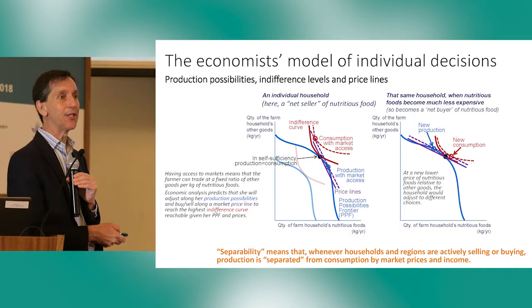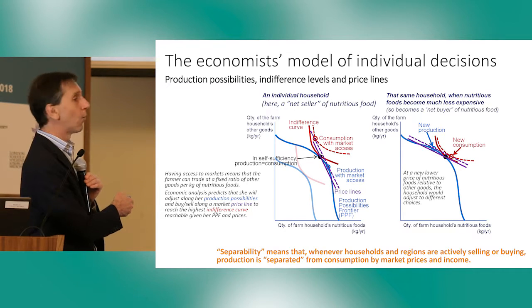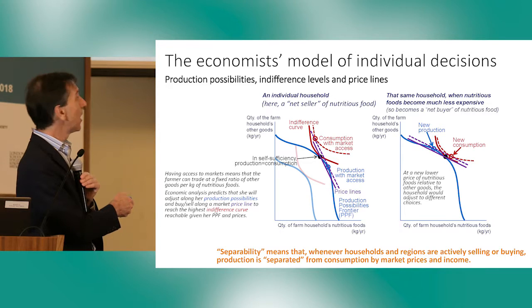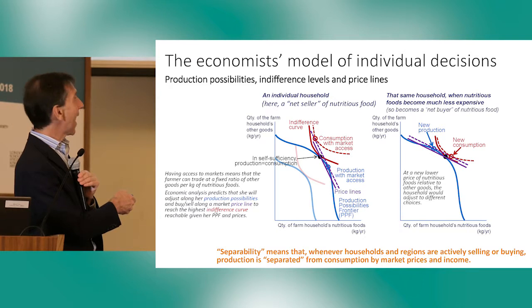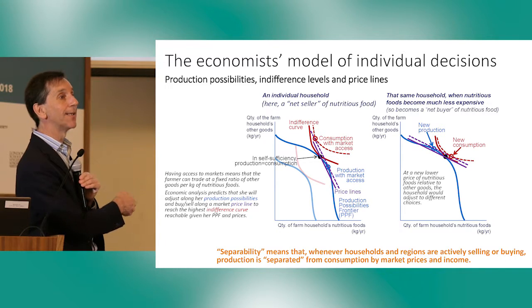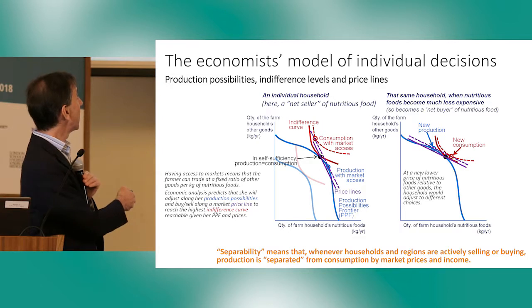How would they take advantage of the fact that others are willing to sell to them a lot of other goods for each unit of nutritious foods? They would, having produced this, be able to get to a higher level of indifference, a higher level of consumption of both things, in this case, going up to here.